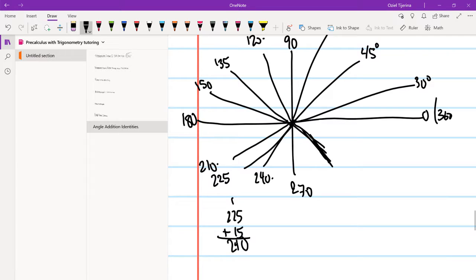So you want to have two angles that either add to or subtract to get 165 degrees, and that would be like around here.